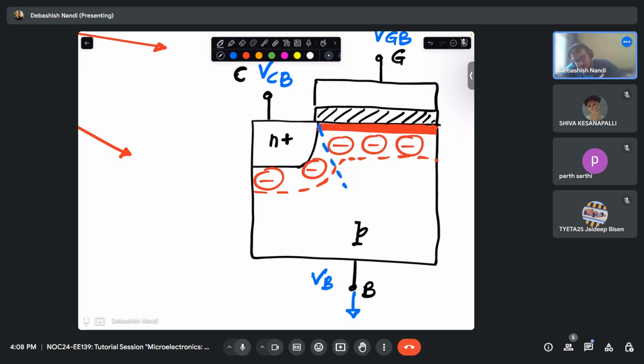This part is your MOS structure, the MOS capacitor we had discussed in previous classes, and this is your PN junction. Fine. And there is an intermediate region where both of them will contribute a little bit more.